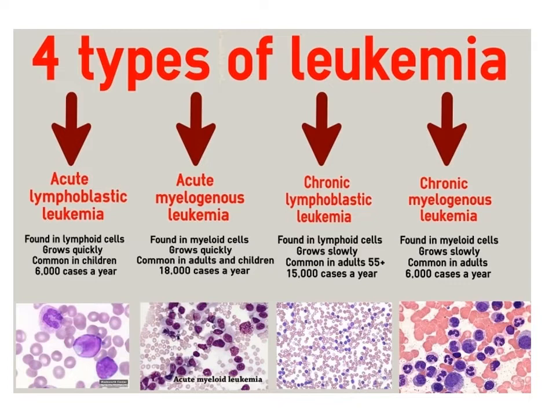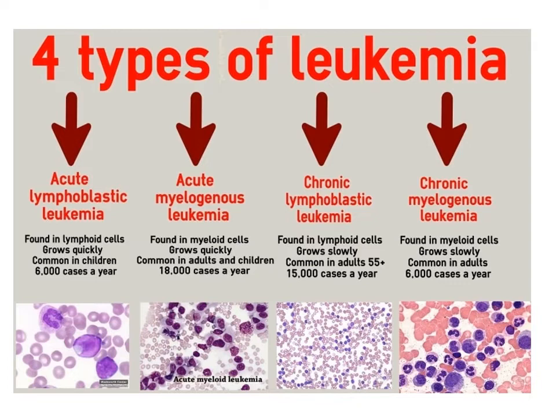Okay, the chronic leukemias, chronic lymphoblastic or chronic myelogenous, sorry, I was going to say myeloblastic leukemia. People can live for years with these, right? So they're chronic, slow-growing leukemias.